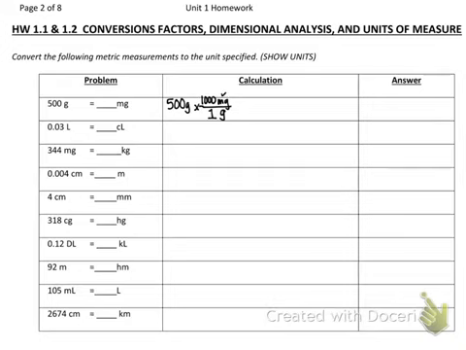Am I happy with milligrams? Yes. I can now write my equal sign. Because grams is now my denominator, I can cancel them out, so this is a unit that I'll be using.